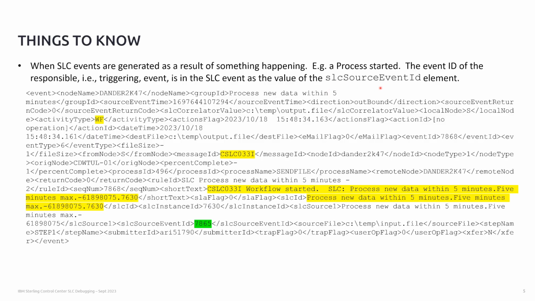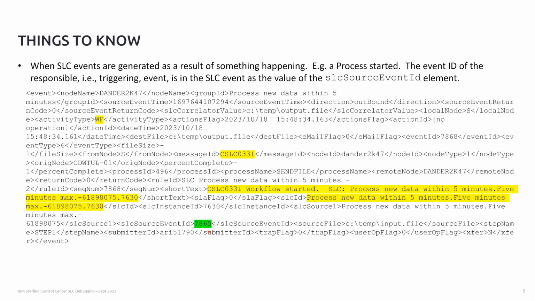And in this SLC event, here it is. It was 7865. You could actually look up that event ID in the database, and you would see the event that triggered this SLC event.